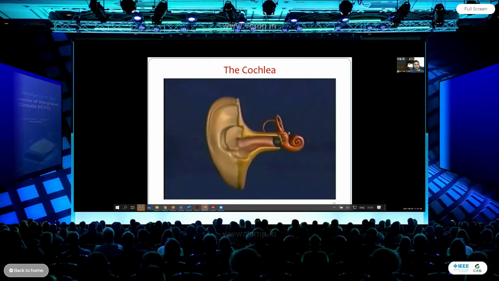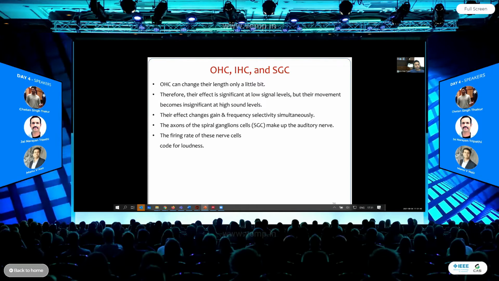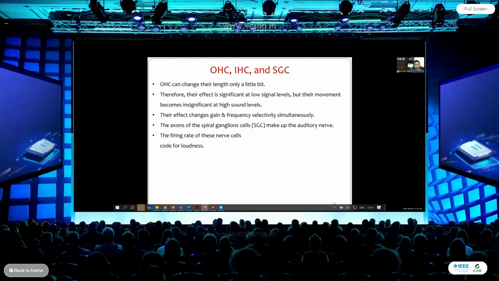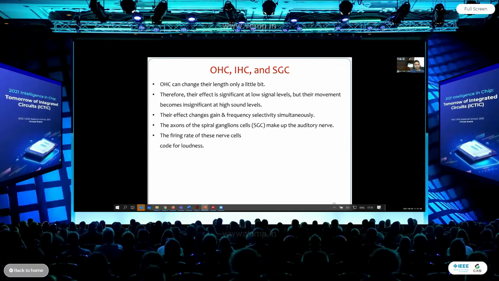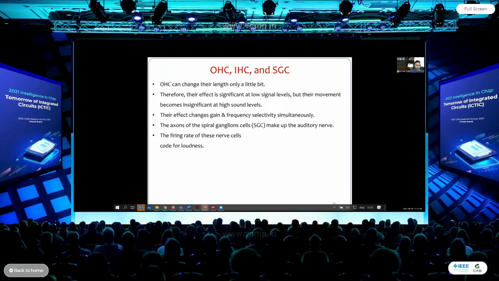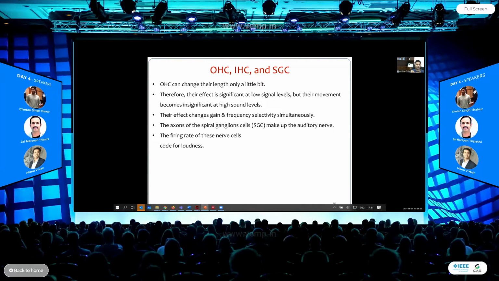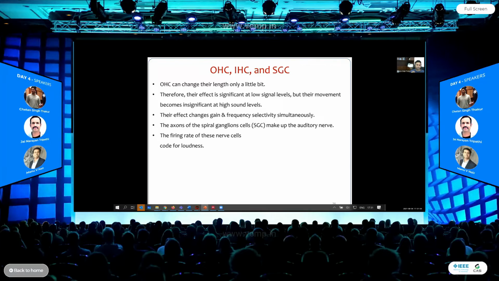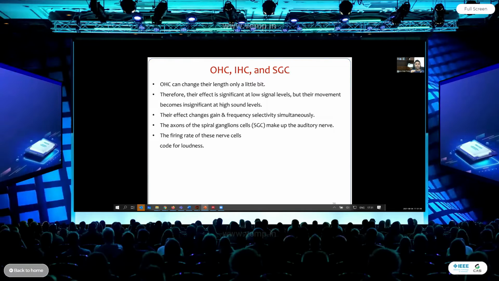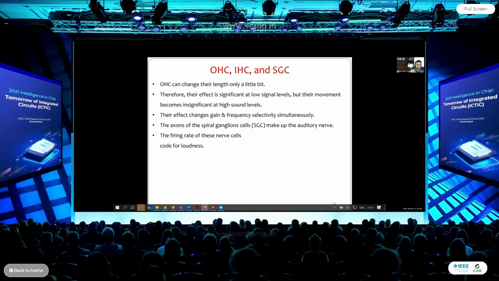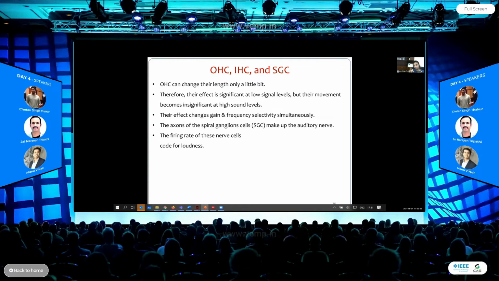Okay, so there are four important parts of the cochlea. One is the basilar membrane, which is like an FFT. You can think of a cascade structure, or cascaded filters. Based on the frequency content of the sound, different parts of the basilar membrane resonate and vibrate, as you have seen in the image and in the video.